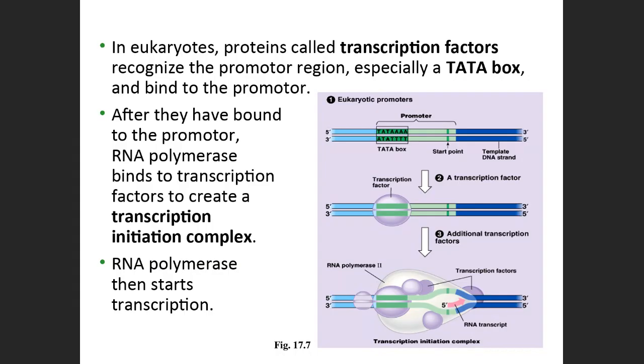So there will be transcription factors which bind to the TATA box that enhances the binding of RNA polymerase to the promoter so that transcription can occur. Once again, there is a lot of regulation involved in transcription. We're not going to go into any detail about that regulation.